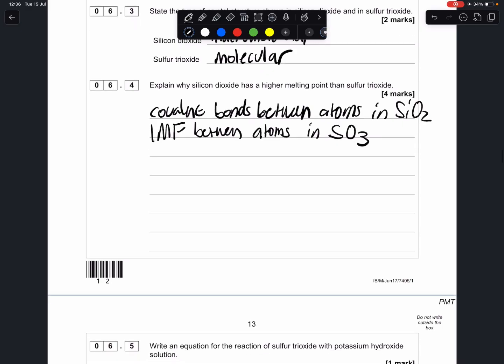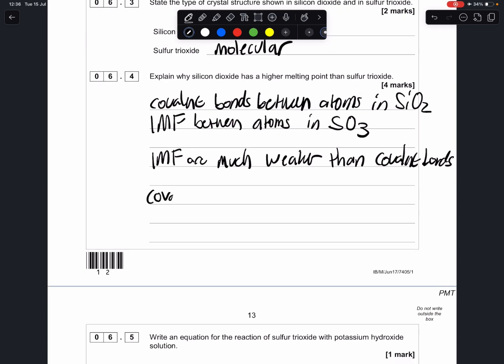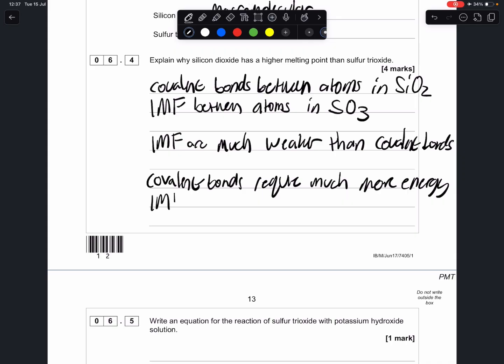So intermolecular forces are much weaker than covalent bonds. So covalent bonds require much more energy to be broken and our van der Waals, or our intermolecular forces, or our permanent dipoles, require less energy to be overcome. There you go.